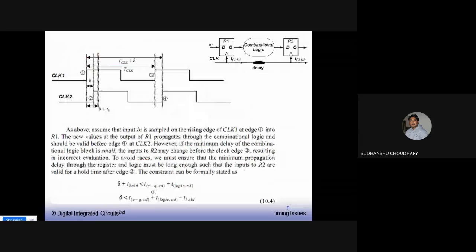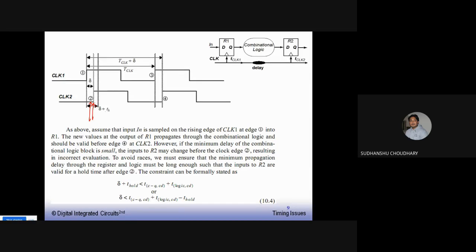Now let us again come back to the positive skew. We discussed that if the delay of this combinational logic plus the delay of this register is smaller than delta, then the data may be available to be processed even at this point, or maybe even at edge number 2. So this will result in a race condition.